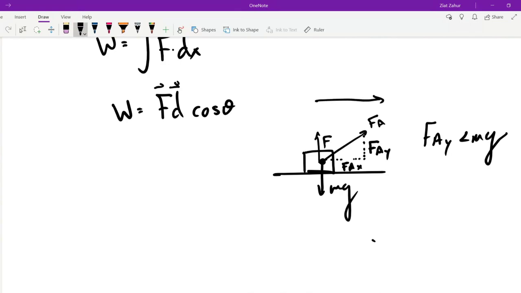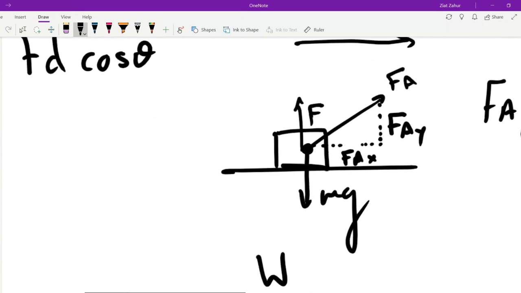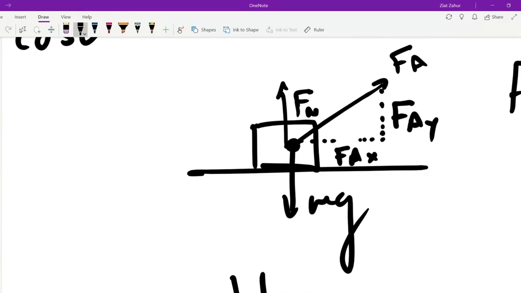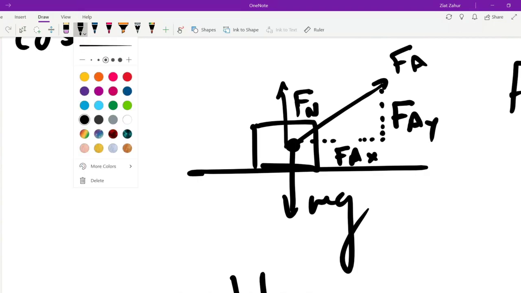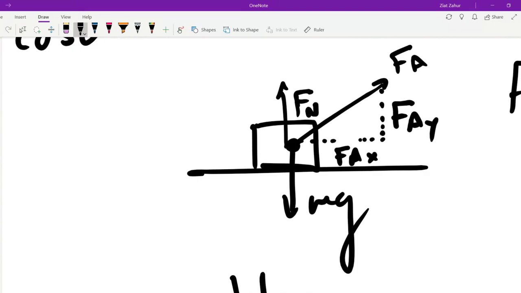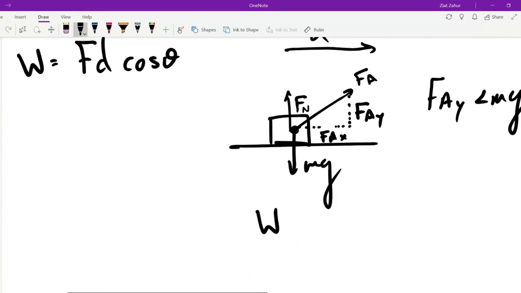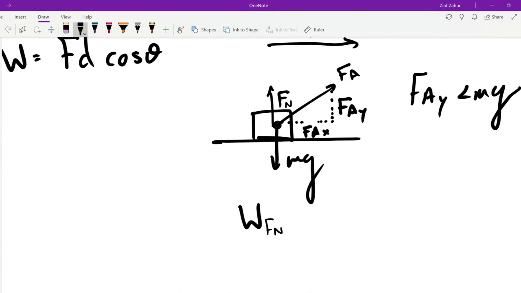Displacement d is to the right, and if that's the case, then the work done by the normal force is 0.